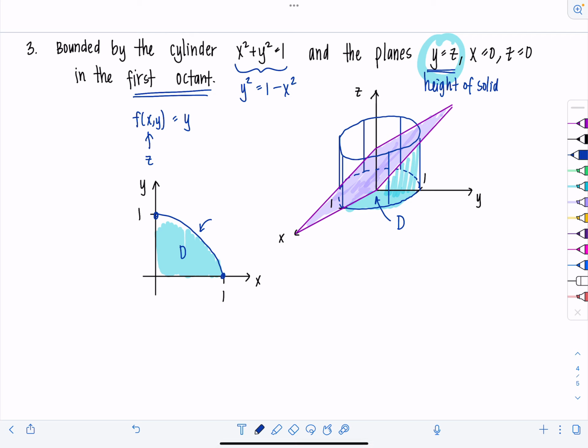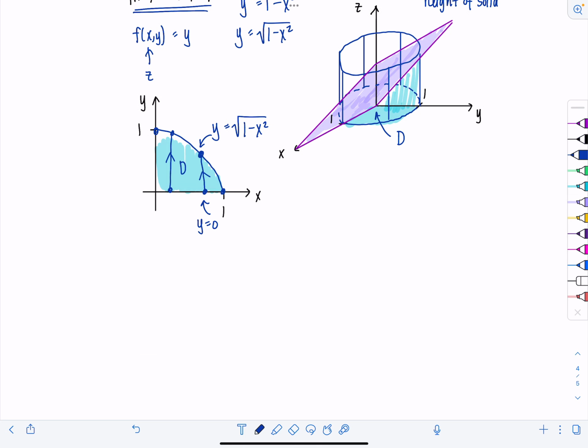And since we're in quadrant 1, I'm just going to use the positive radical, rad 1 minus x squared. That's bounding D above. And bounding D below is just y equals 0. Boom. And that's consistent throughout the region, okay?